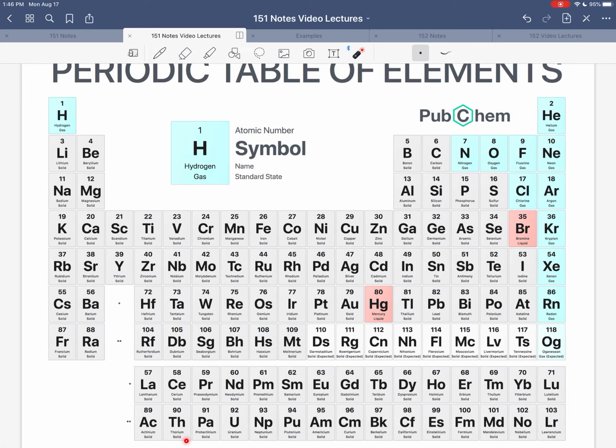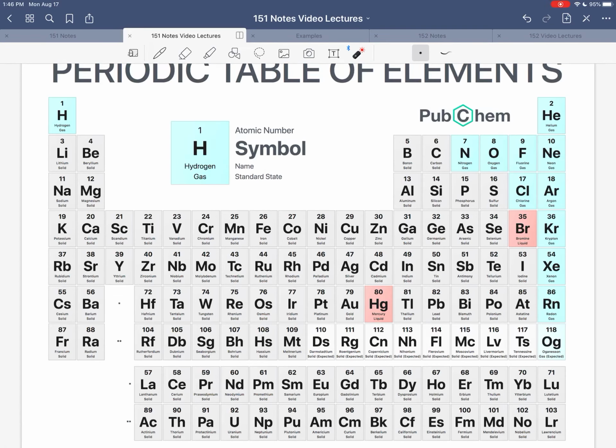Then you got actinium, thorium, protactinium, uranium, and now we're naming things after people: neptunium, plutonium, americium, curium, Berkeley, California, Einstein, Fermi, Mendeleev, Nobel, Lawrence, Rutherford, Bohr. All right, and so there we go.